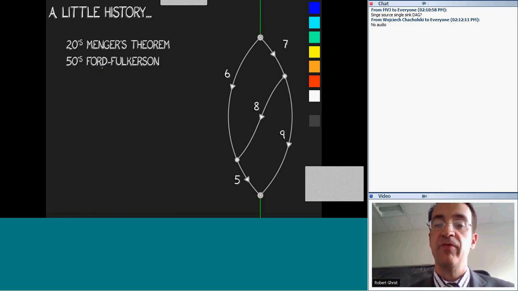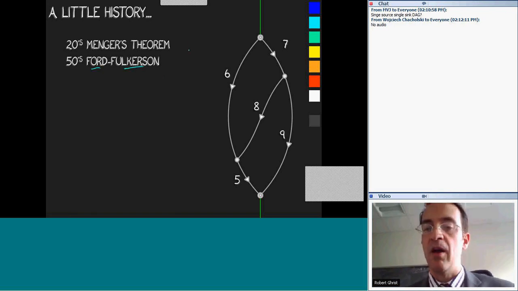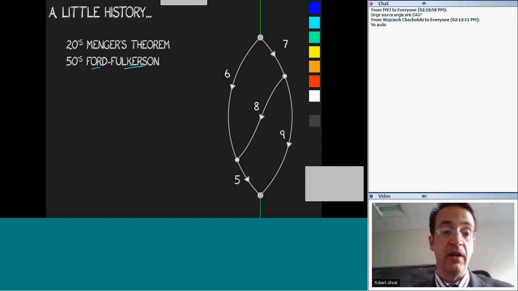And for this, in conjunction around the same time as some other folks independently, with that came some algorithms that had a huge amount of impact. Fulkerson's work was directly inspired by applications, transportation networks, and other things. This result has gone on to be a cornerstone of optimization theory.